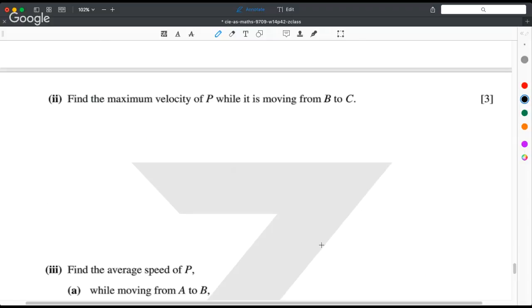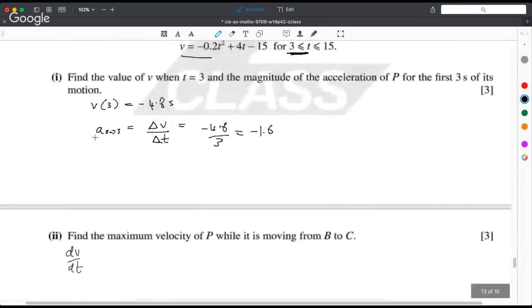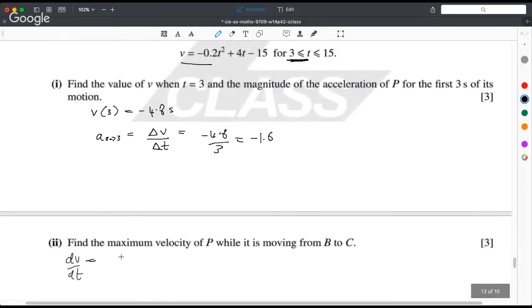So the second question is to find the maximum velocity of P whilst moving from B to C. Well, we know how to find the maximum, right? We just differentiate. So dV/dt, if we look back up at our differential equation, you'll see that this is equal to minus 0.4t plus 4.